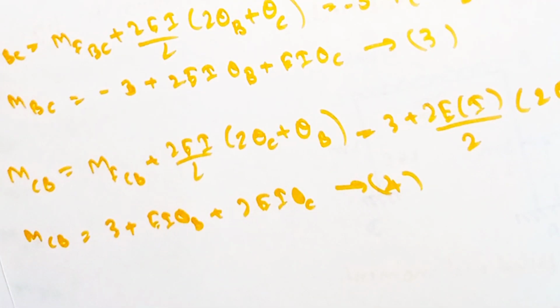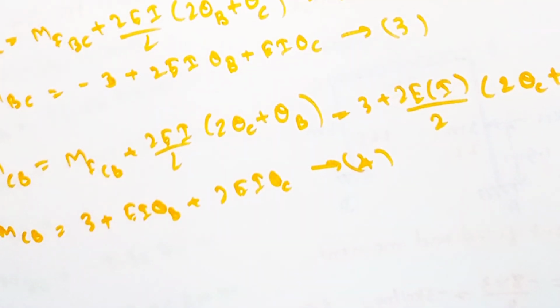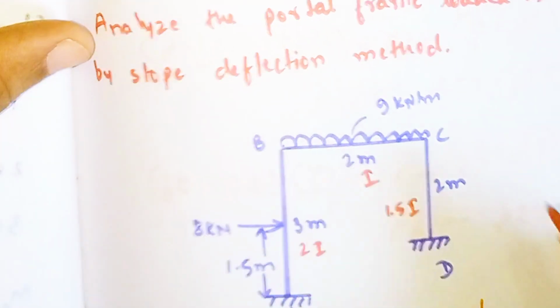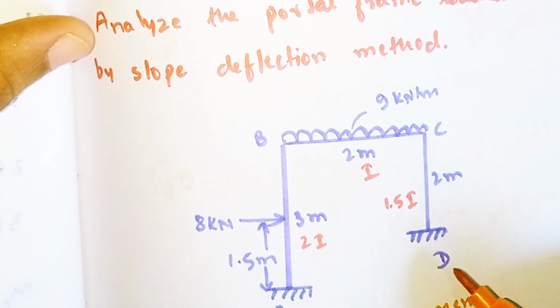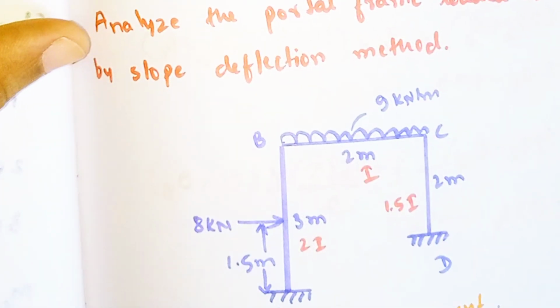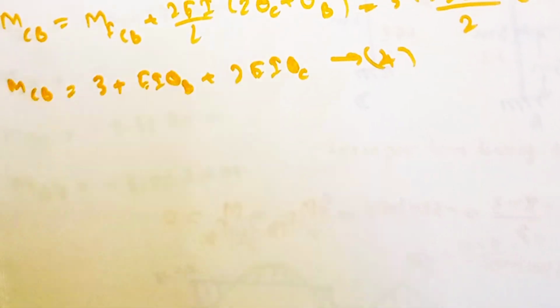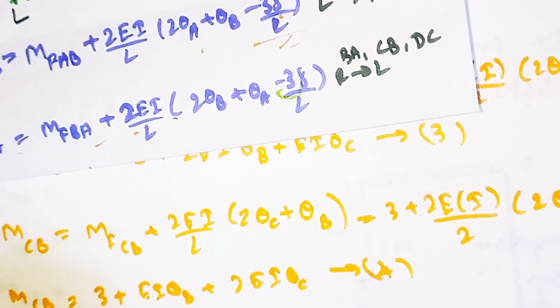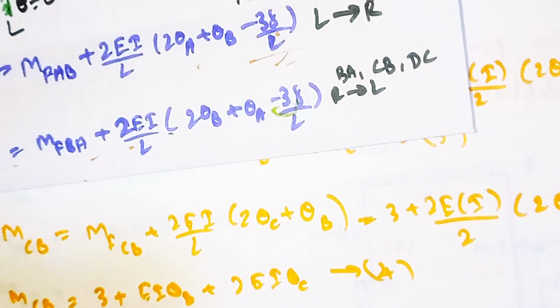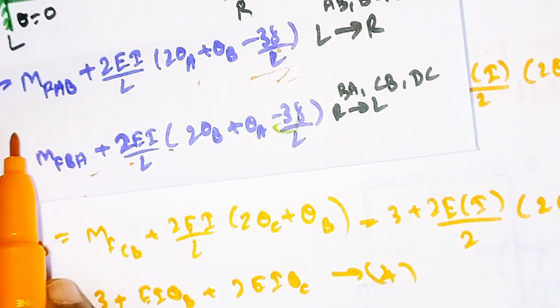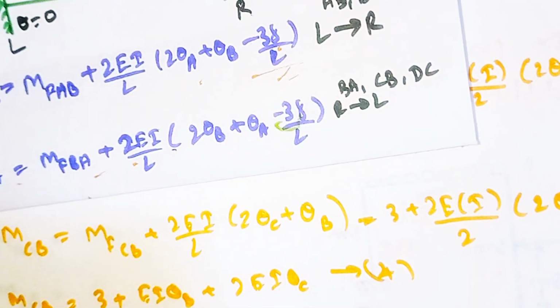So now we need to calculate for span CD as well as DC. So now first we'll see for span CD. For that we need to use the MCD is equal to, in case of AB we need to substitute the CD value.